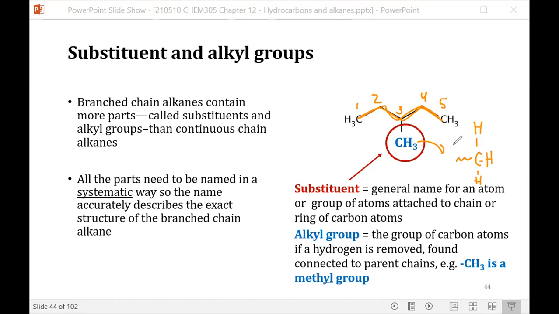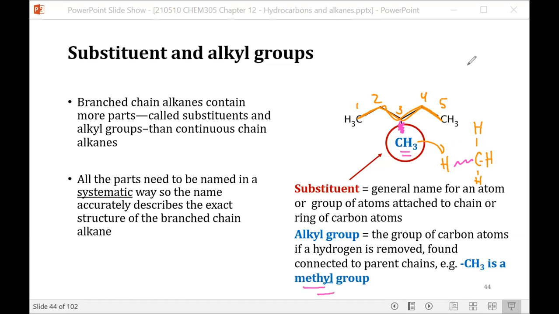If you took this and replaced it with another hydrogen instead of connecting it to the chain, it's named based on what that molecule is. So you pluck the substituent off, and the spot where it was connected to the chain, you draw in another color, that's this bond right here. And you replace the rest of the chain with just another hydrogen. This is a methyl group. And so we call this alkyl group a methyl group.